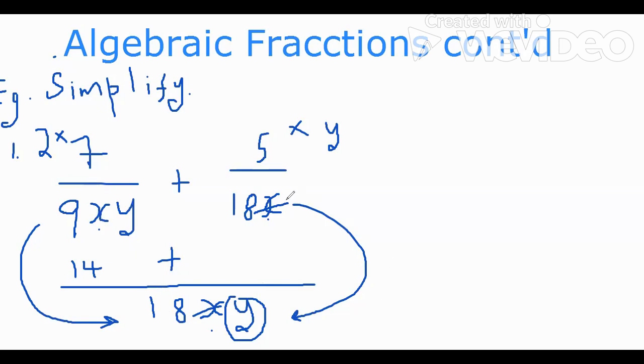So you work it out on the right-hand side. So this should be 5y. So x cancels the x, 18 cancels the 18, leaving back y. So 5 times y gives you 5y.